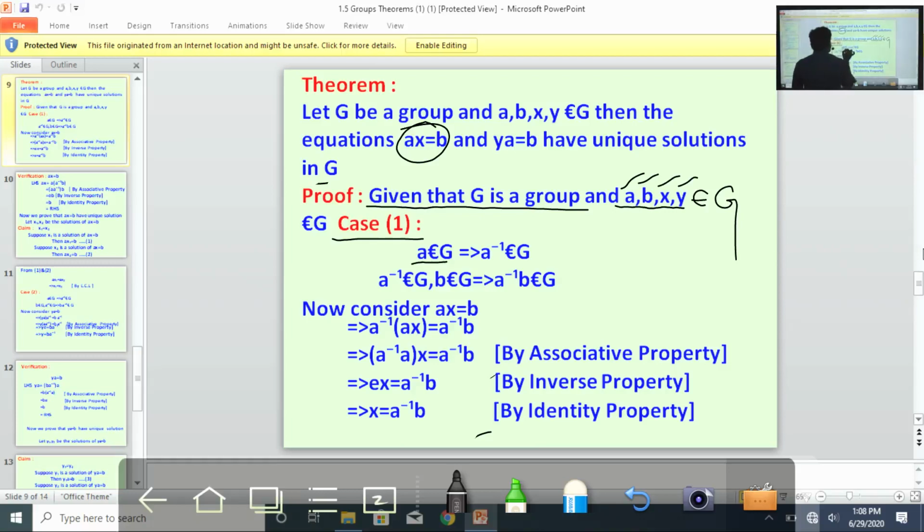Take A belongs to G, then clearly A inverse also belongs to G. Why? Because G is a group, by inverse property.